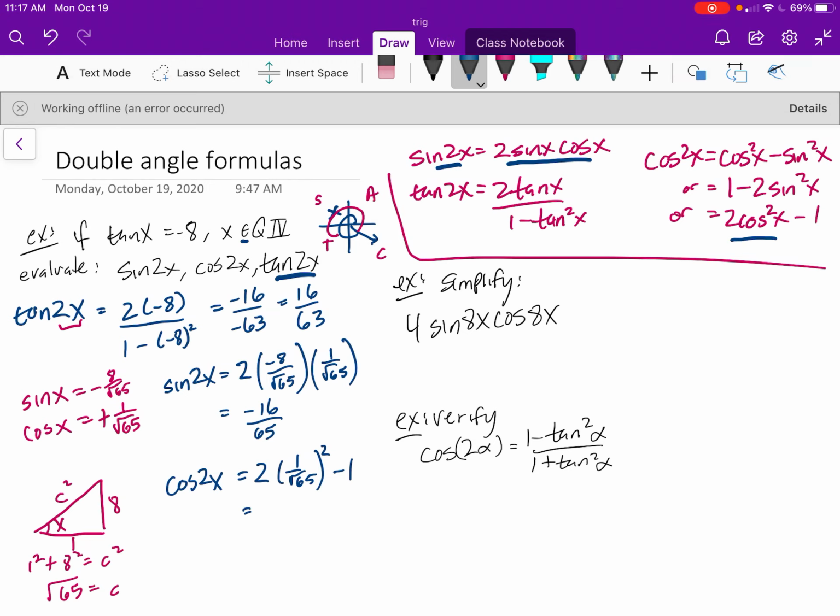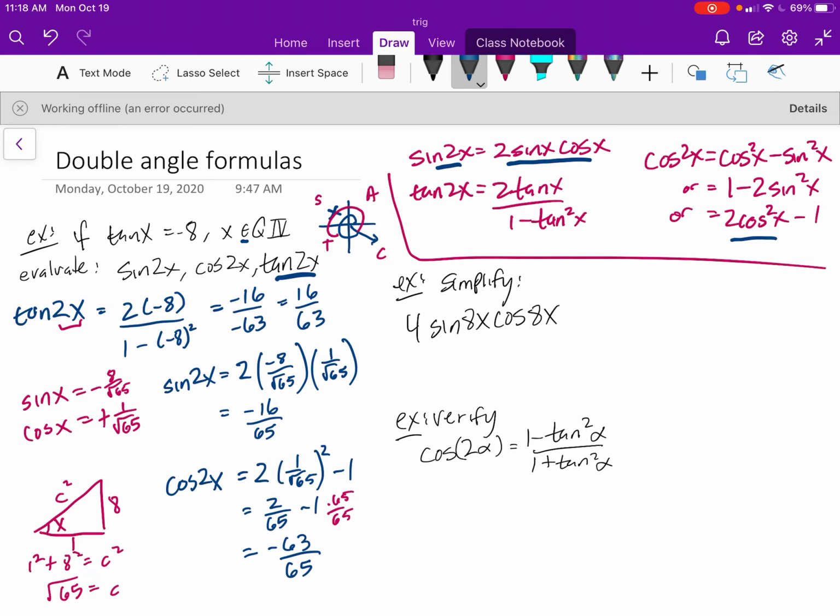So that becomes 2 over 65, since 1 squared is 1, square root of 65 squared is 65 times 2, subtract 1. We need an LCD, right, times 65 over 65. So 2 subtract 65 is negative 63 over 65.